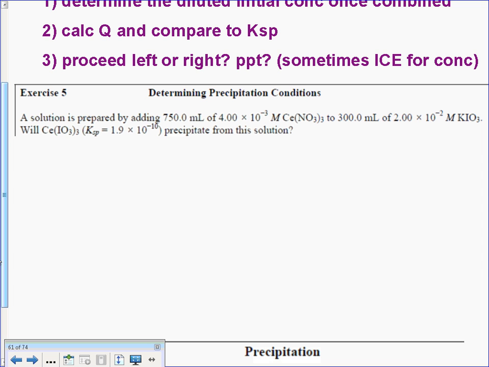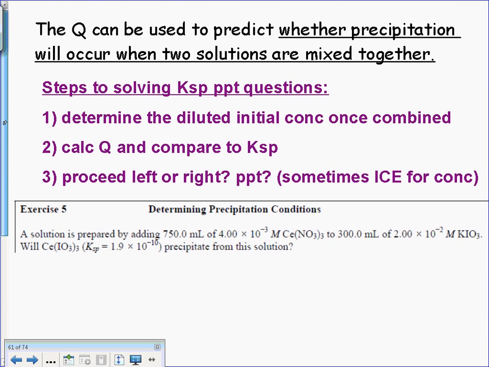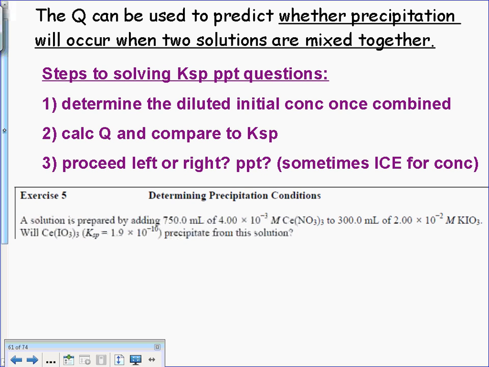So I'm going to show you the BCE and then the equilibrium reaction, but here's the flow on how to do this. Whenever you have to figure out if a reaction will precipitate, here's your step-by-step. Very first thing you want to do is take your initial concentrations given and dilute them in the bigger volume. So what does that remind you of?